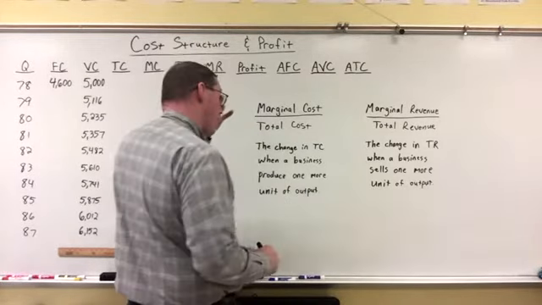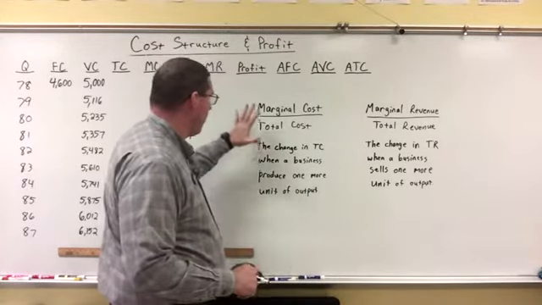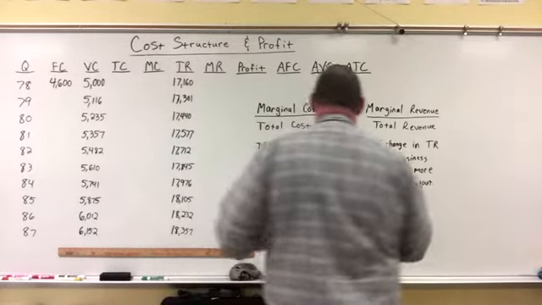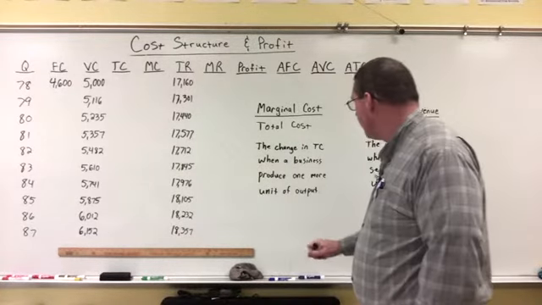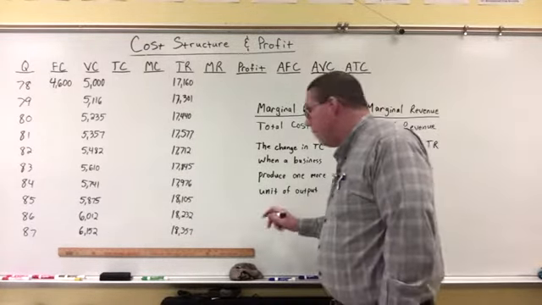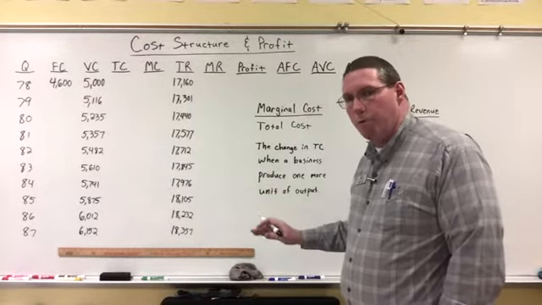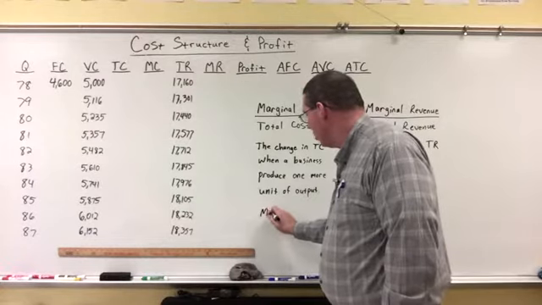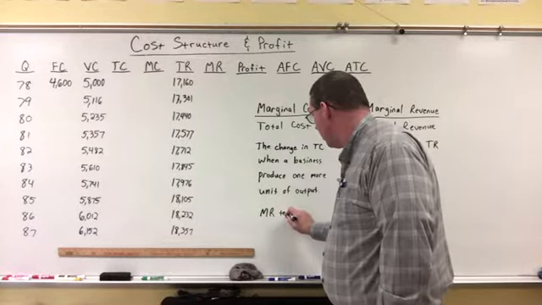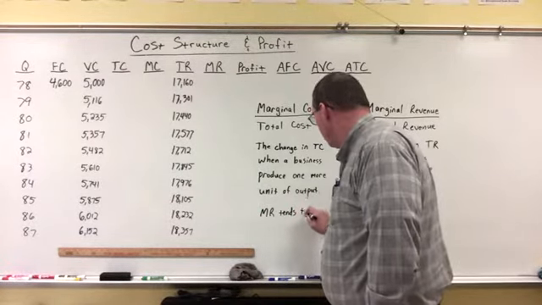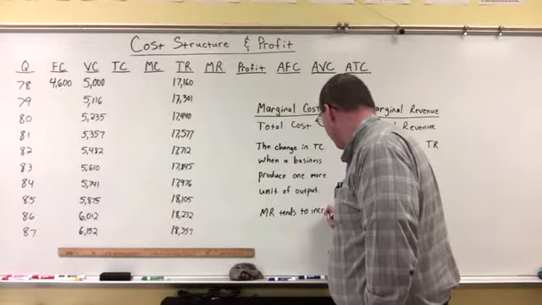Now, I want to make sure that I said this. I know I said it, but I didn't write it down, so maybe you didn't write it down either: because of the law of increasing opportunity costs, marginal revenue tends to increase for a business.